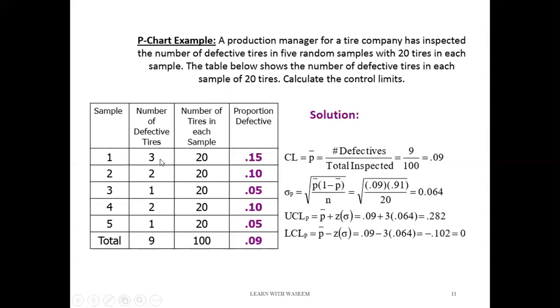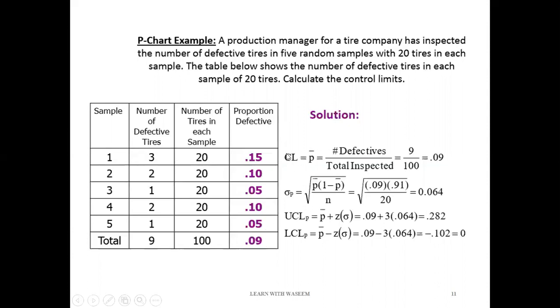Proportion defective means P. You can see here that 3 divided by 20 would be equal to P, which is 0.15. Similarly, the P value for sample 2 is 2 divided by 20, which is 0.10, and so on.